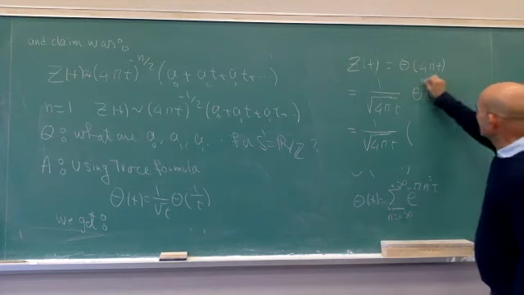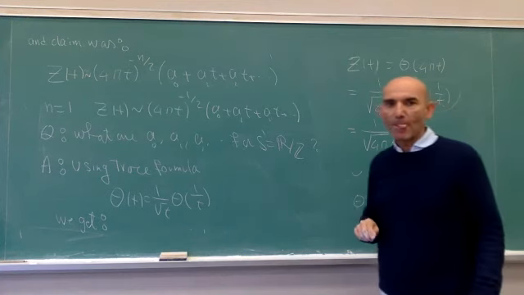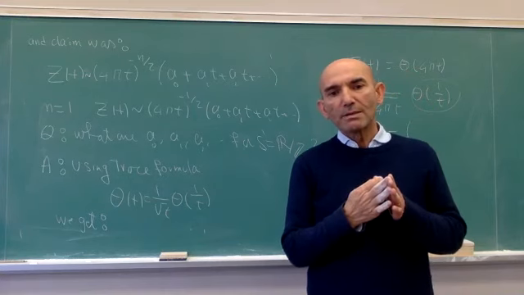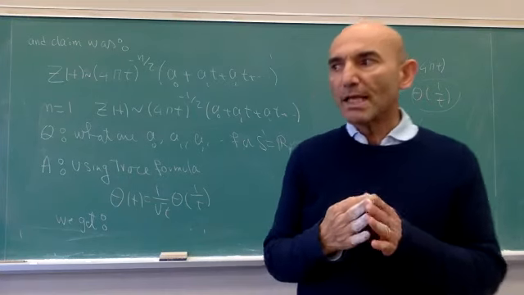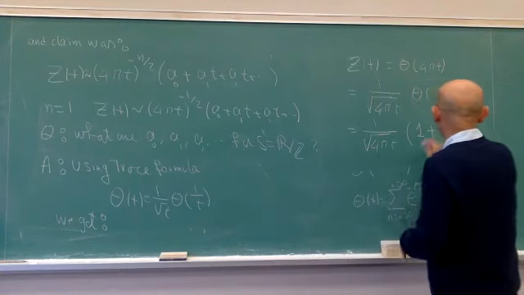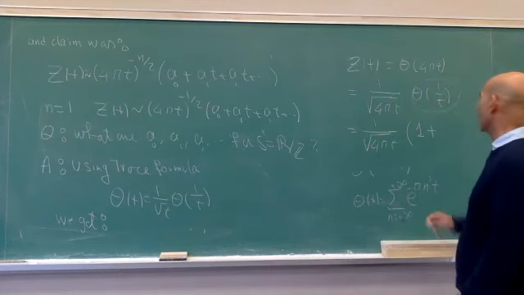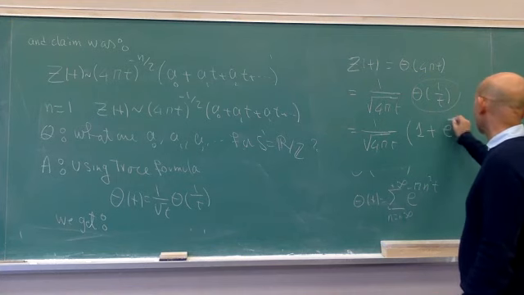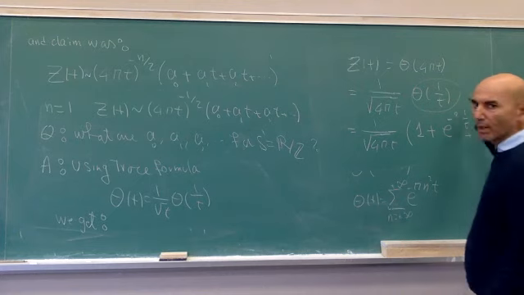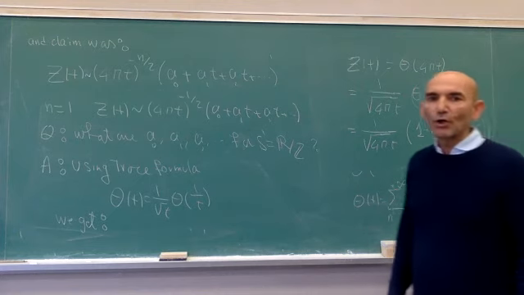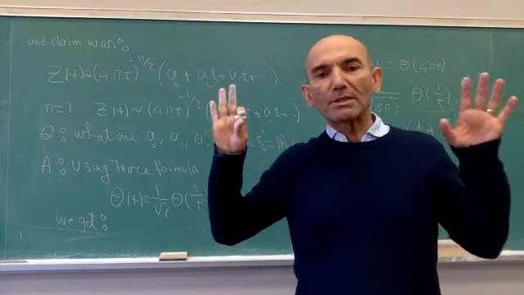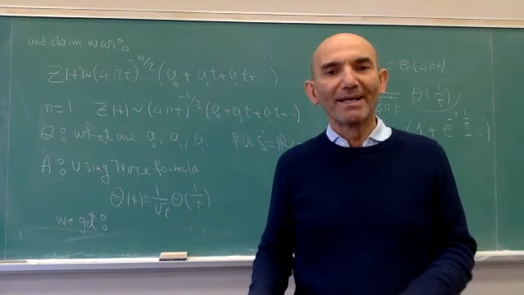Now, what is this theta of 1 over t? As t goes to 0, theta of 1 over t starts with 1, and then the next term is something like exponential of some coefficient times 1 over t, and so on. So as t goes to 0, these other terms are exponentially small.